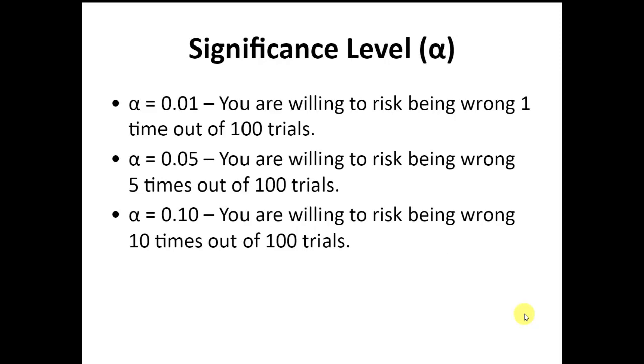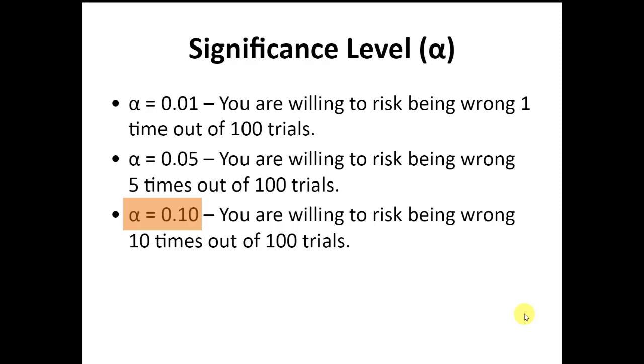So here's a breakdown. If you've got a 0.01 alpha, you're willing to risk committing a type 1 error 1 time out of every 100 trials. If you have a 5% alpha, then you're willing to risk committing a type 1 error 5 times out of every 100 trials.